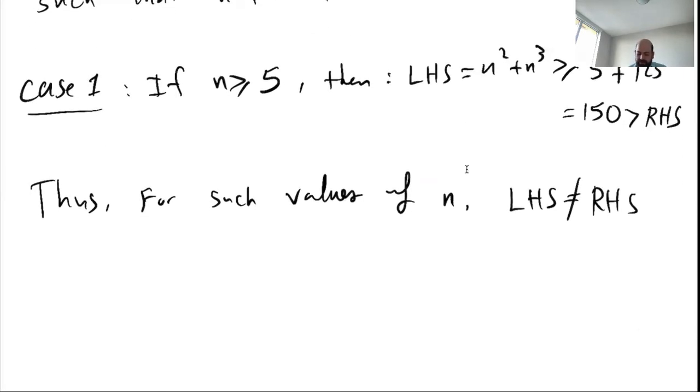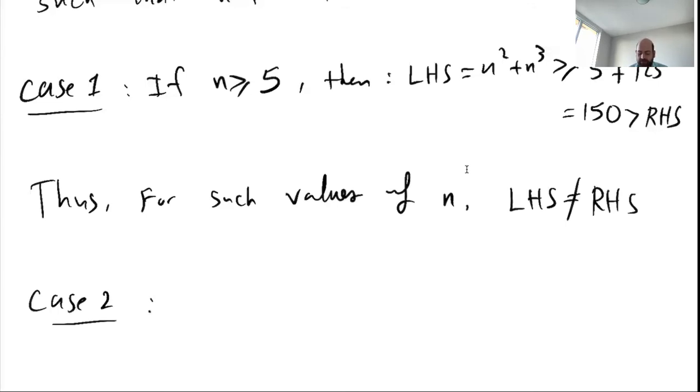Now, what about case 2? Well, case 1 already covers most positive integers, right? Positive integers means 1, 2, 3, 4, 5, 6, 7, 8, 9, 10, all the way to infinity. Most of them are bigger than or equal to 5. Only a few are not. Which ones?